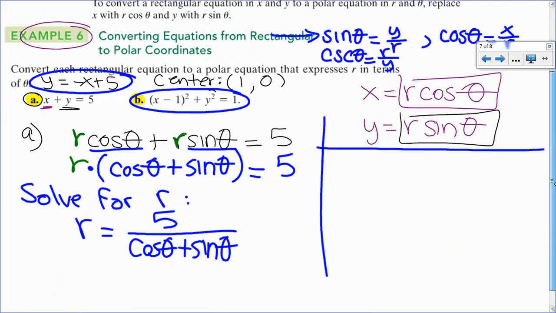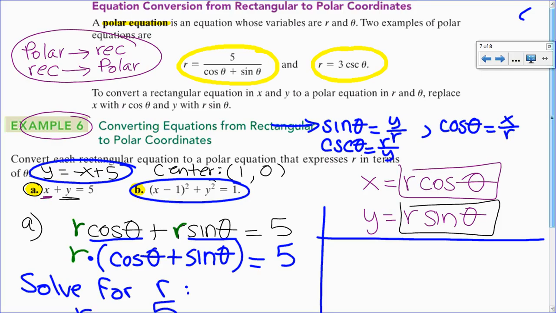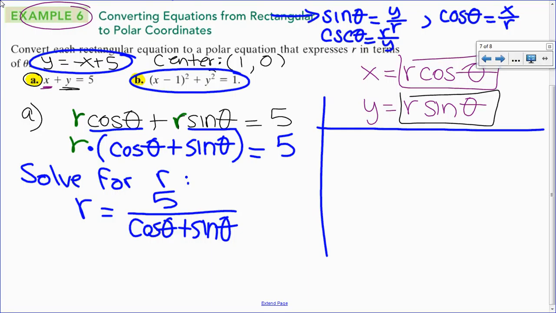Okay, so let's go ahead and start substituting. Right here for x minus 1, we will have r cosine theta minus 1, and then square.